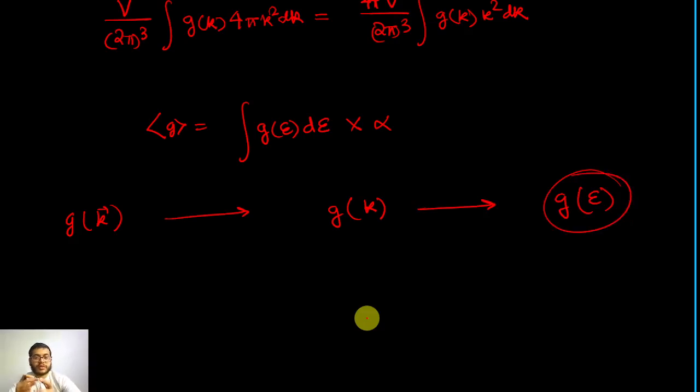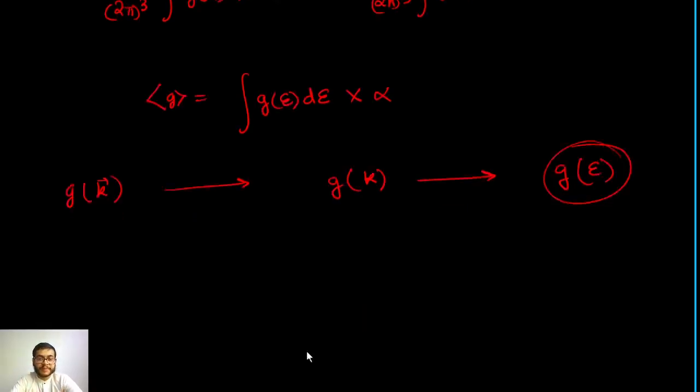For example, you are given an electronic system, and there is a quantity related to each electron, which is not dependent directly on the k point. It's obviously indirectly dependent, but the function is given as a function of E, or the energy. Then how will you calculate the average properties or the total number or the total property?